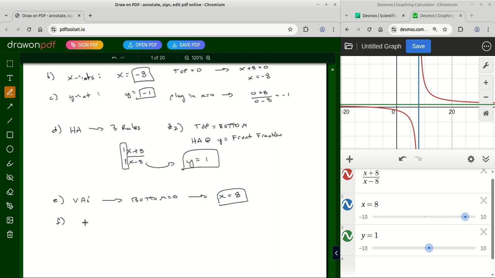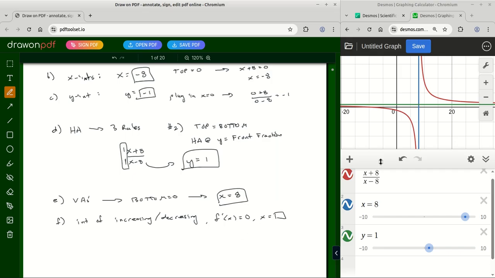So they're going to ask for intervals of increasing and decreasing. And normally what we do is we find the derivative and set it equal to 0, solve for x, and then use those as critical points.